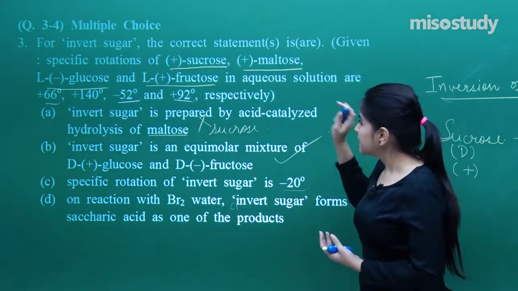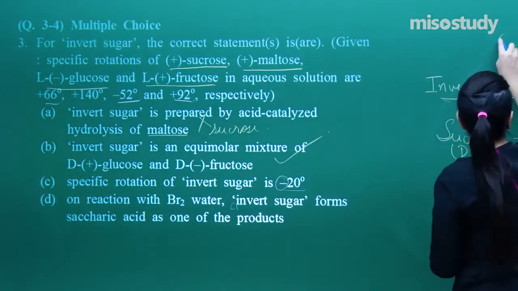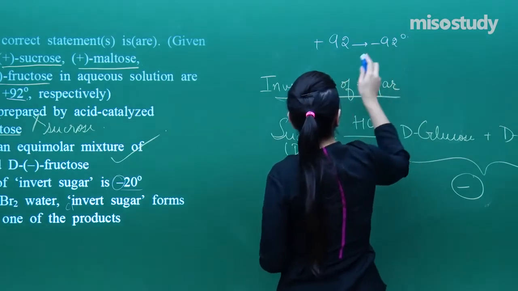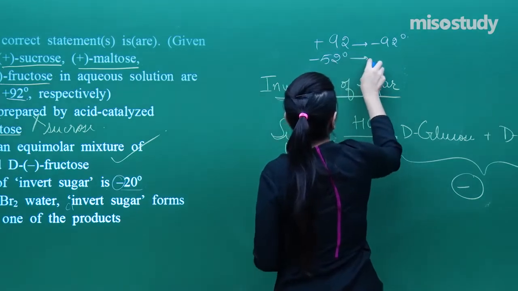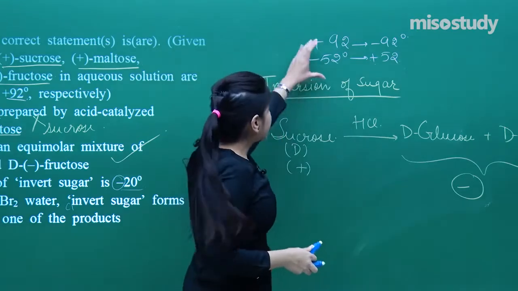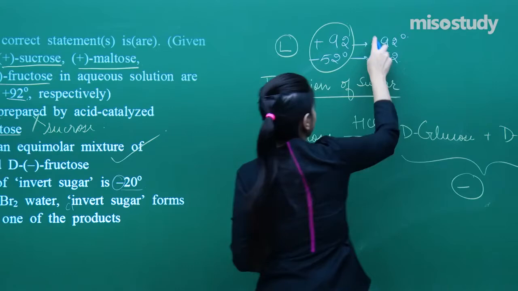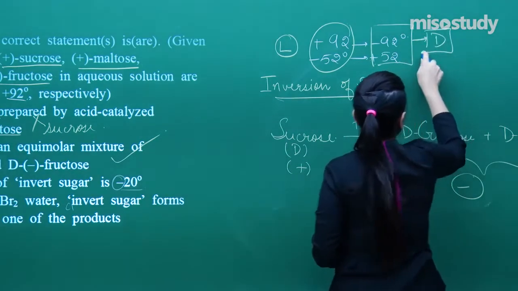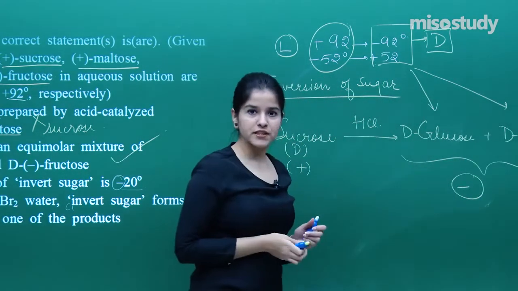It will definitely be minus, because here 92 will be converted to minus 92 degrees and minus 52 degrees gets converted into plus 52. So earlier the specific rotations were given for L configuration. Now we have got specific rotations for D configuration. That is what we obtain here in the case of actual inversion of sugar.